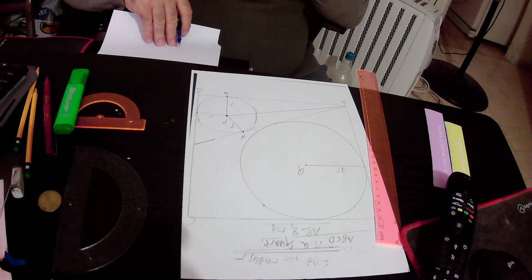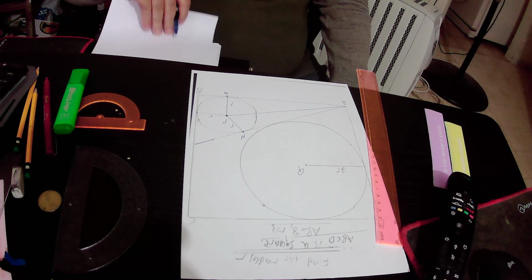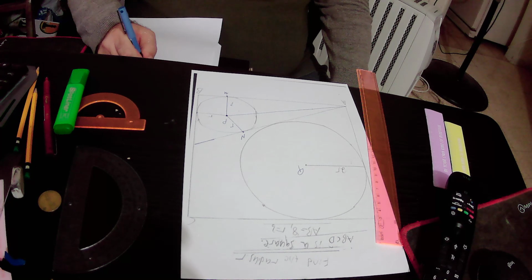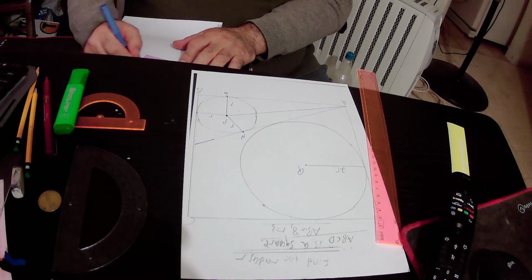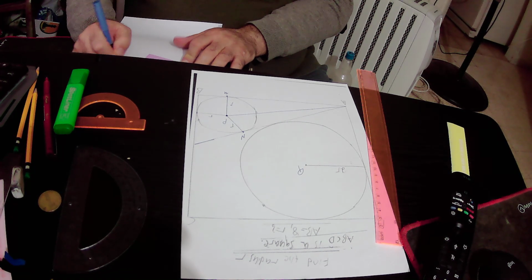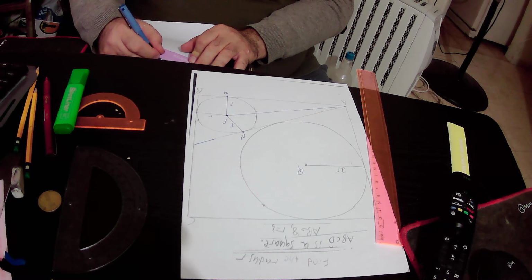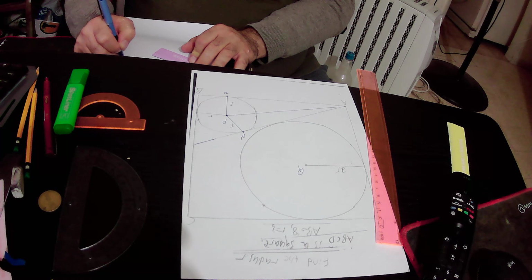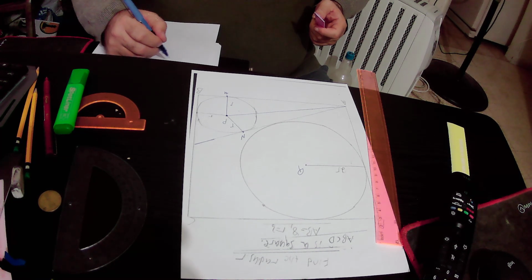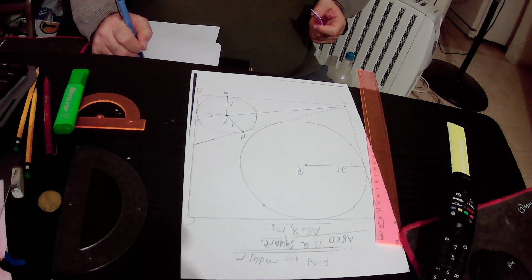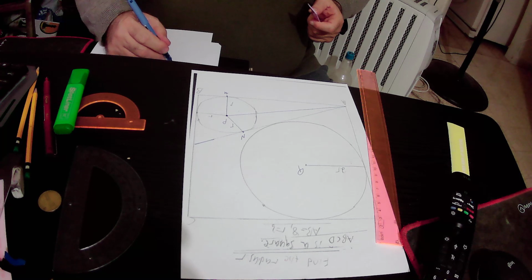And we actually have a rule number one. Rule number one states that a tangent to a circle is perpendicular to the radius at the point of tangency.